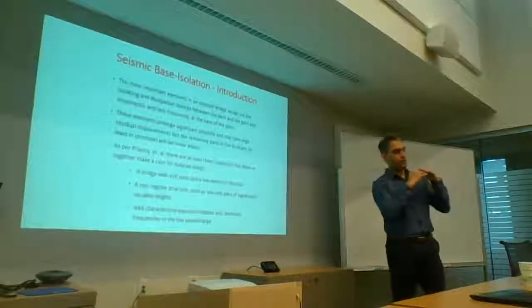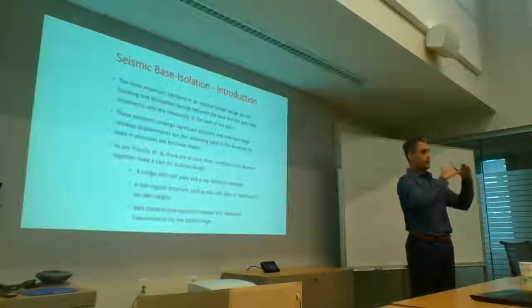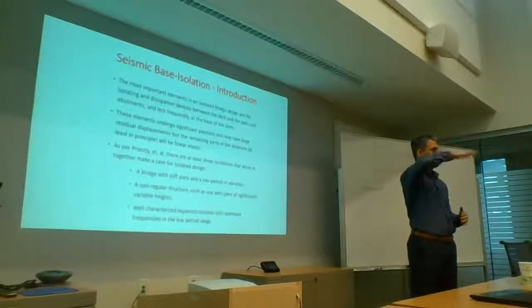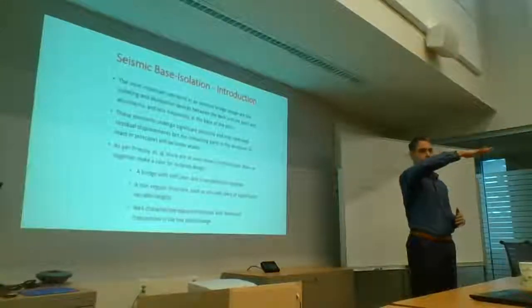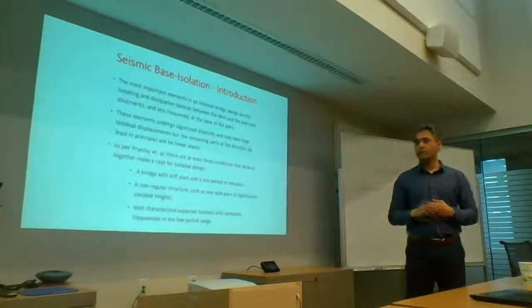In bridges, we tend to put them not between the column and the pier cap. We tend to put them between the pier cap and the superstructure. So now that's where most of the mass is, and that's what moves, and things hopefully just work out.